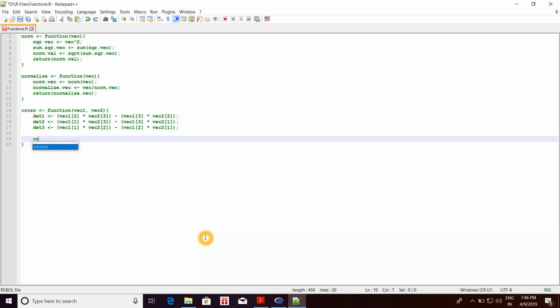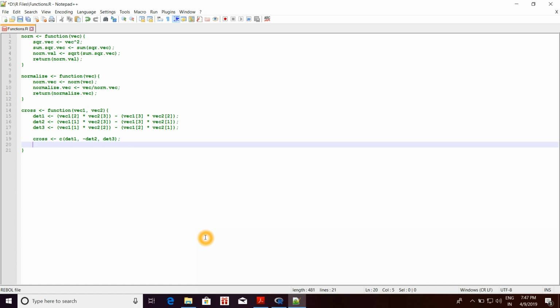So we'll define a new variable cross and take det 1 minus of det 2 and det 3, and then we return the cross vector.